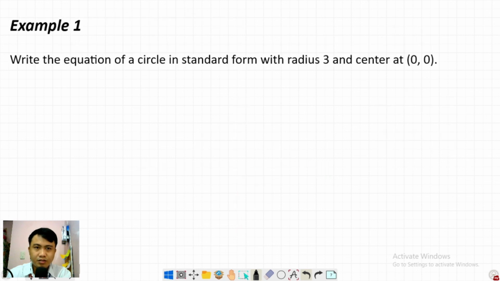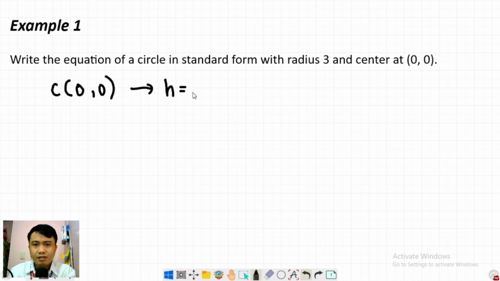Siguro, try to solve example. So, we have example number 1. Write the equation of a circle in standard form with radius 3 and center at 0, 0. Since our center is 0, 0, meaning the value of our h is 0 and the value of our k is 0.